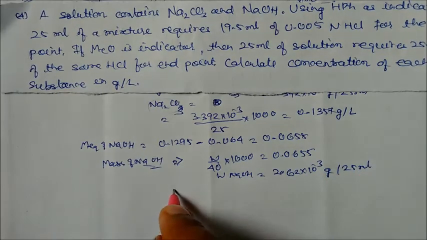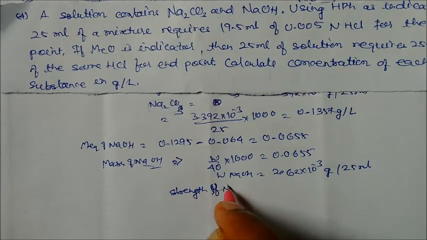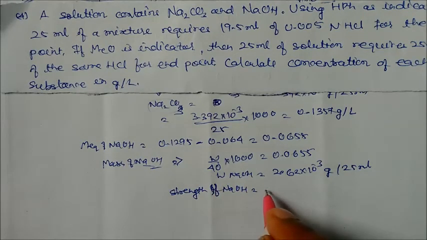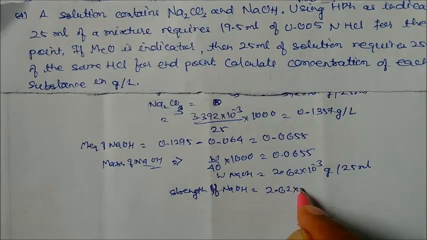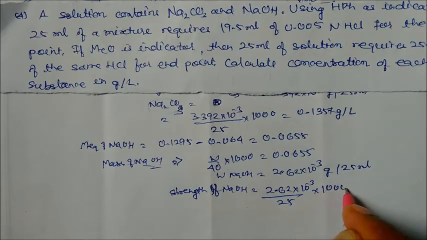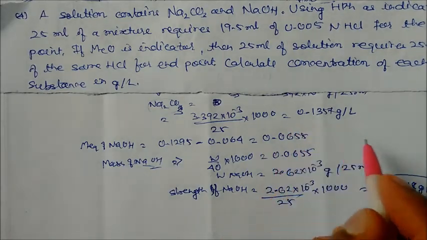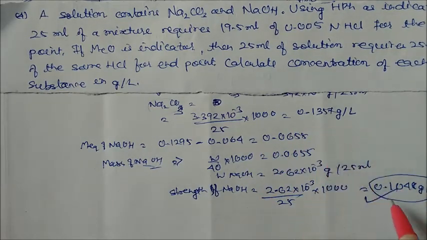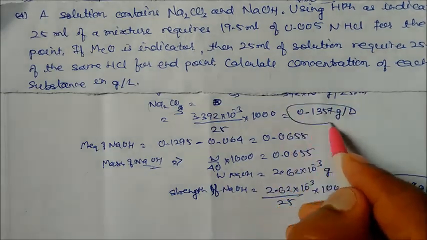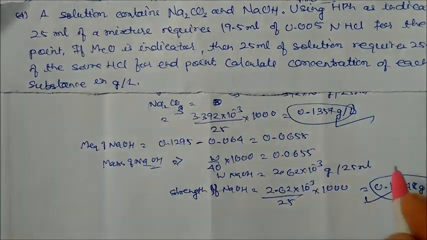So the strength per liter will be 2.62 into 10 power minus 3 divided by 25 multiplied by 1000. So you will get the answer 0.1048 gram per liter. So this is our second answer. This is the strength of sodium hydroxide, and this is the strength of sodium carbonate in liter. So there are two answers given over here.